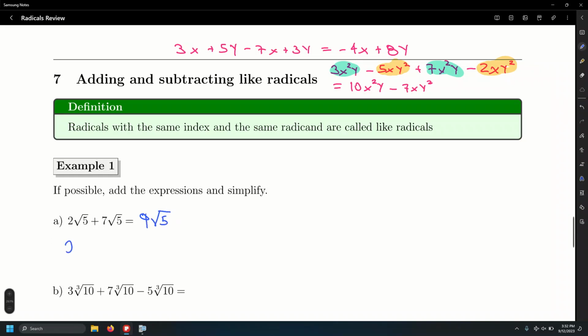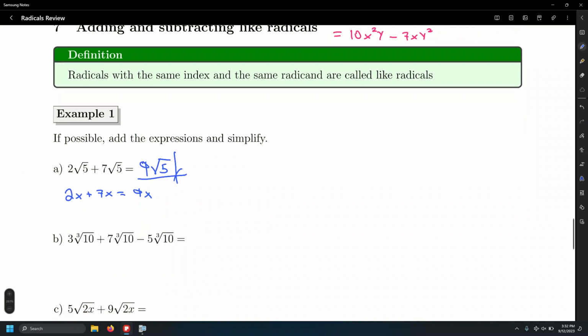This is like doing 2x plus 7x equals 9x, if you will. But in this case, the x is replaced with the root of 5. And we don't simplify the root of 5. Actually, we leave it in exact form, unless we have something that can be simplified further. But for now, let's keep it with something that can be simplified.